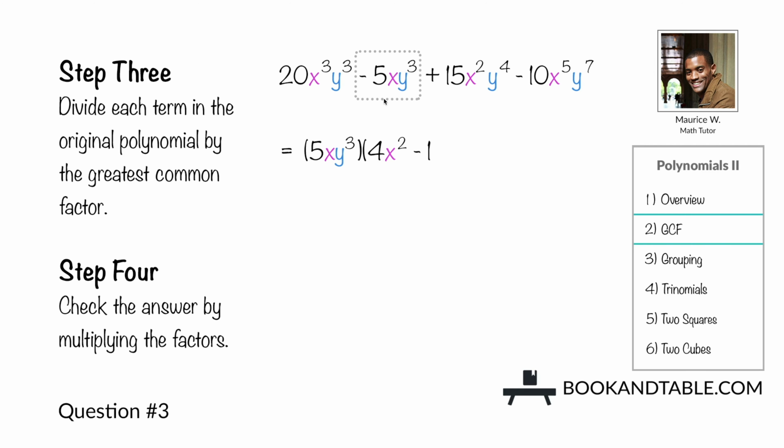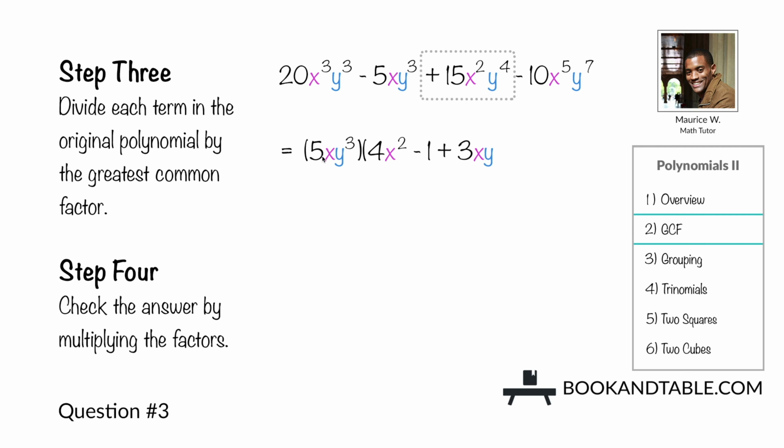We then move on to the second term. Negative 5 divided by 5 is negative 1. X divided by x is 1, so we can remove the x's. Y to the third divided by y to the third is equal to 1, so we can remove the y's, leaving us with just negative 1 here. We then move on to the third term.